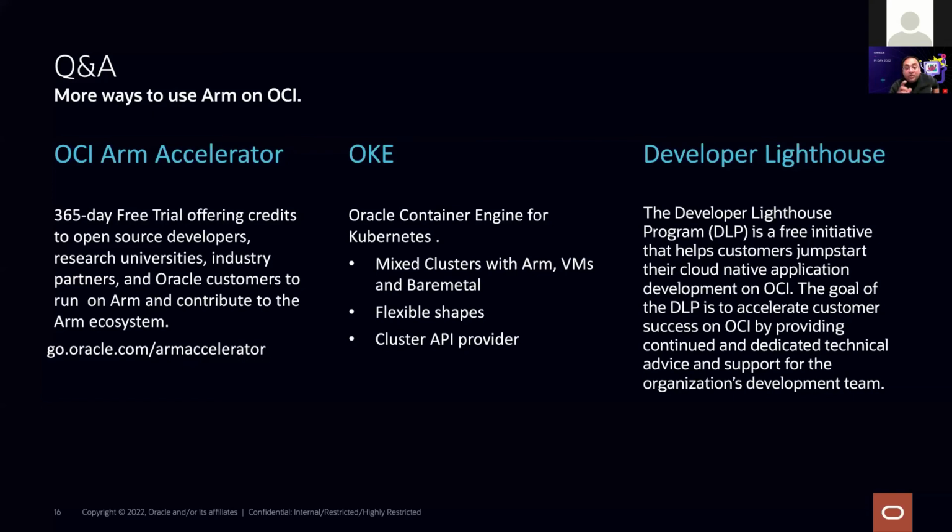So OKE, over the last couple of weeks, has rolled out support for the Kubernetes Cluster API. So OKE clusters can now be created and discarded using the normal Kubernetes Cluster API, right? So if you're using some higher level tools, especially like Rancher or others, you have the ability to use the Cluster API, or you can directly use the Cluster API to create and discard Kubernetes clusters.